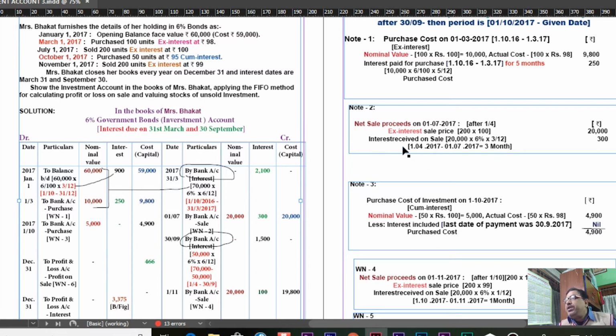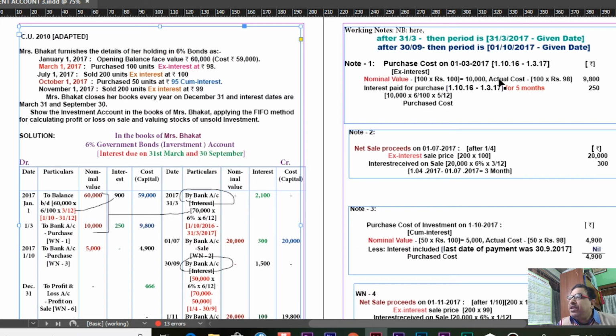So, interest received on sale at the rate of 6% for 3 months. And how did you get 3 months? It is for 1/7/2017. Therefore, it is after 31/3/2017. Therefore, we have to calculate from 1/4/2017 to 1/7/2017.